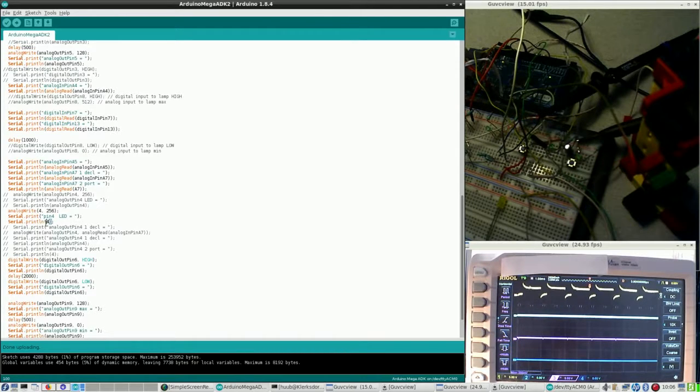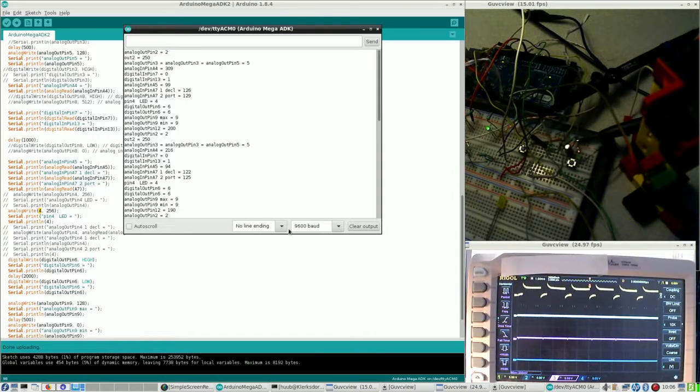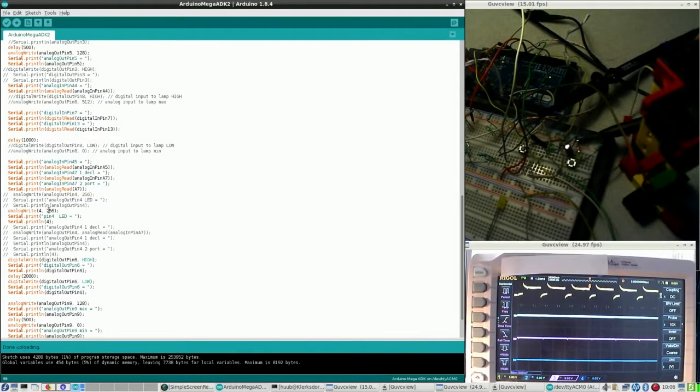Wait a second. Okay, this is not working at all. Right here, pin 4, LED is 4. That is not what I want to see. This value.